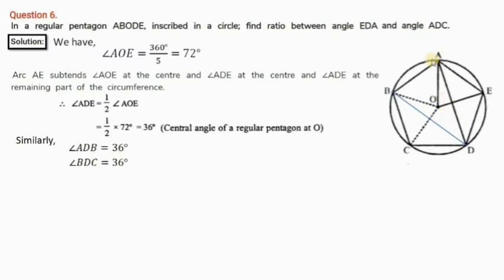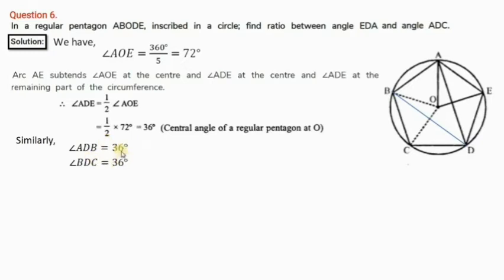In the remaining part ADB is the angle subtended, so this will be half of 72, which is 36. Similarly BDC means this angle. Again arc BC subtends angle BOC, which is 72, and in the remaining it subtends BDC, which is going to be just half, which is again 36. So ADB and BDC both will be 36 degree each.